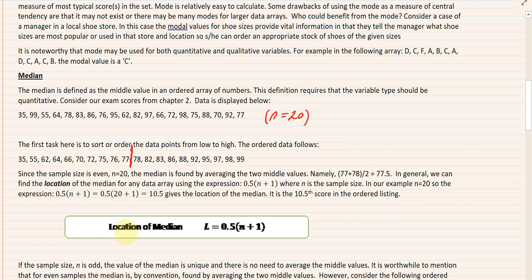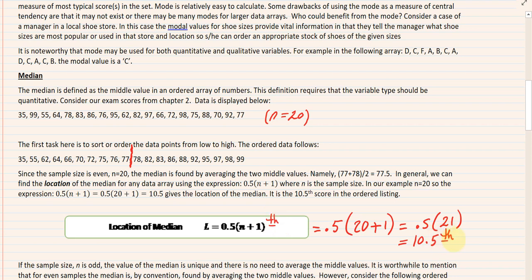So for instance, in the example I just did, the sample size was 20, so the location for this data is 0.5, because the median is the 50th percentile, that's why it's 0.5, times 20 plus 1, which is 21. 21 times 0.5 is like 21 divided by 2, and that's going to be 10.5. Now personally, for the location, I like to put a superscript th here, as in 4th, 5th, 6th, and so on.